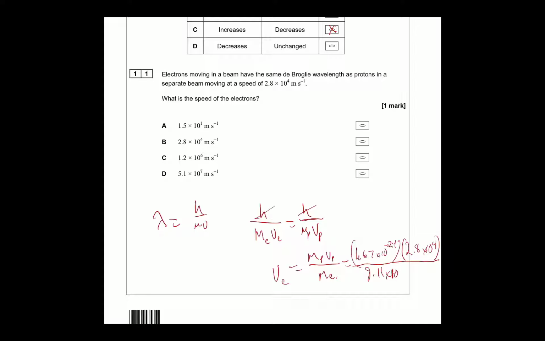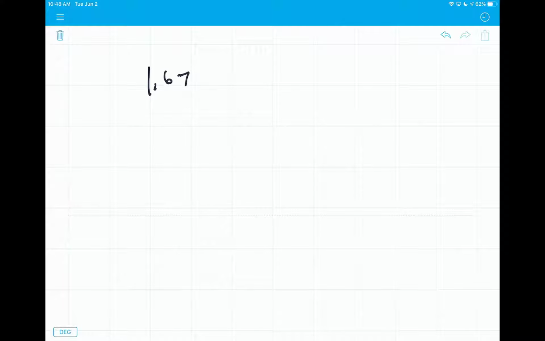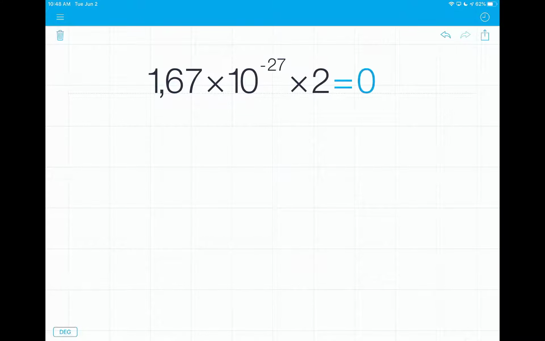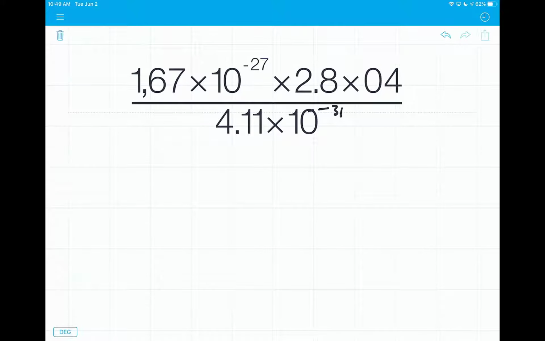So 1.67 times 10 to the minus 27 times 2.8 times 10 to the 4 divided by 9.11 times 10 to the minus 31.